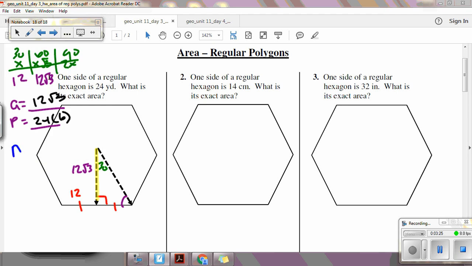So again, area is equal to apothem times perimeter over 2. So that means it's equal to 12 square root of 3 times, oh, I didn't find my perimeter, over 2. 6 times 24, 72, 72, so 144.